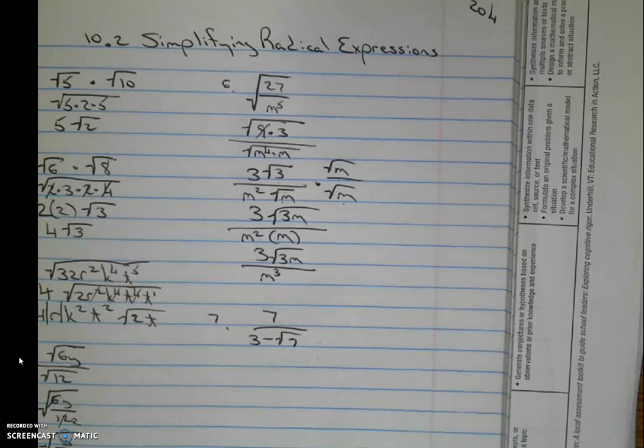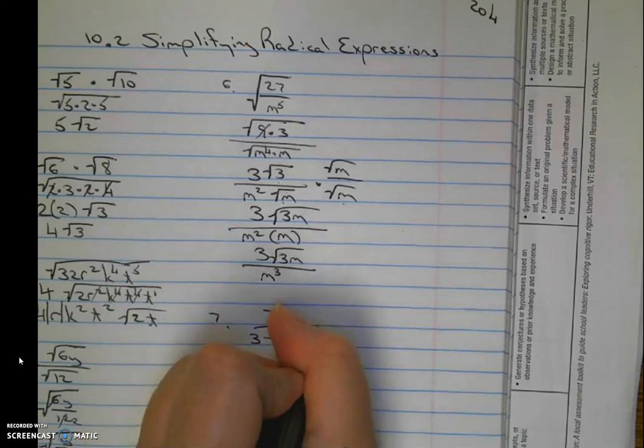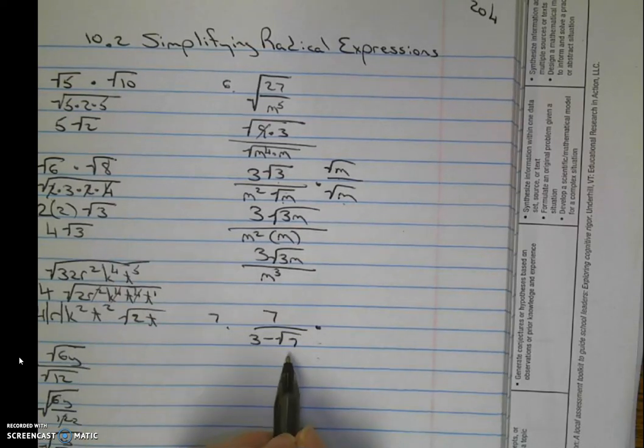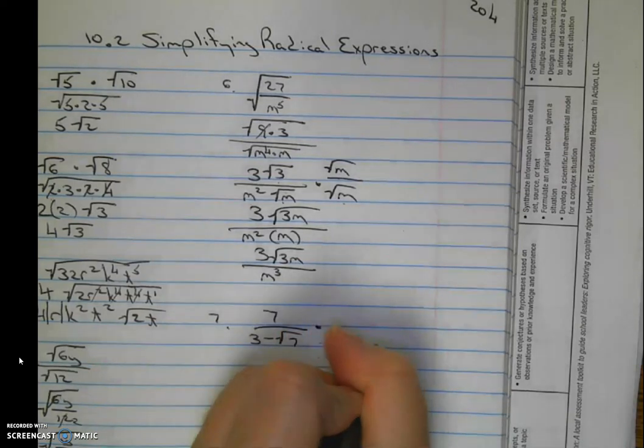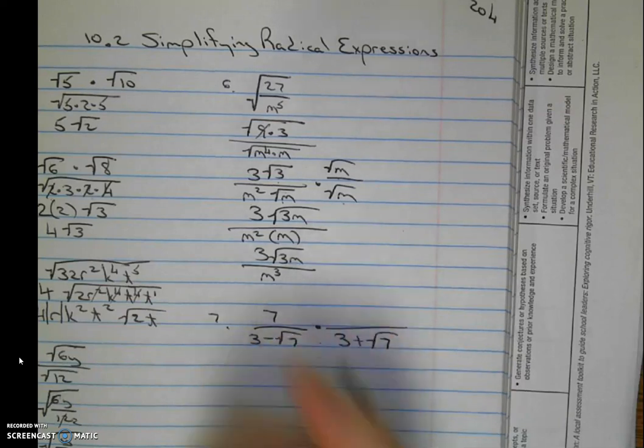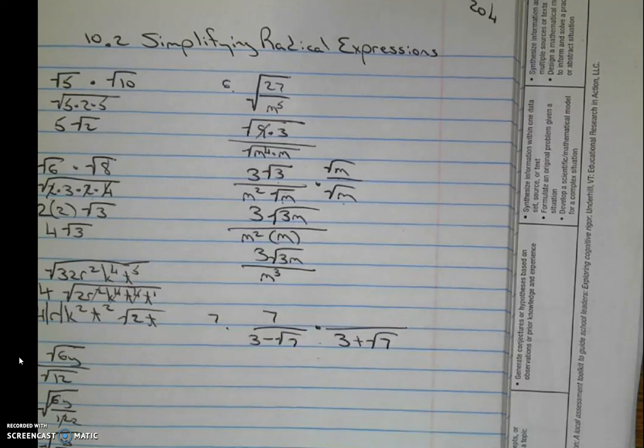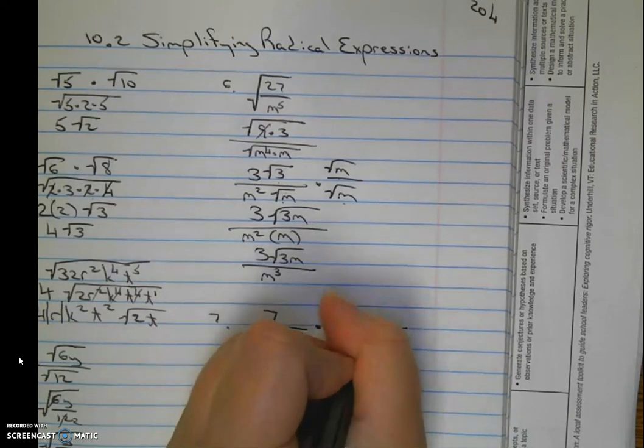That's not good. Instead, we're going to work with something called the conjugate, where since I have a 3 minus square root of 7, the conjugate is 3 plus square root of 7. And you know I'm going to do the numerator by the same thing.